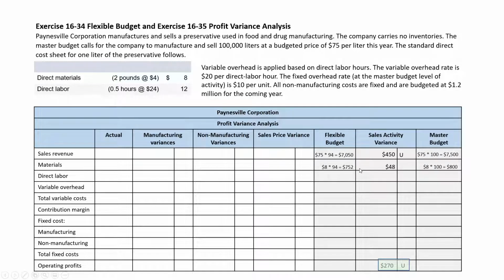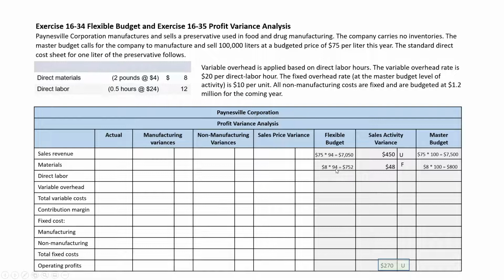But again, here's where I see things go wrong. Folks will look back up at sales revenue and go, well, flexible was less than master and it was unfavorable, so we'll follow the same pattern. Material flexible budget is less than master budget, so it must be unfavorable. Nope, it is going to be favorable. The rules flip around when we get to cost. So again, step back and think about this.